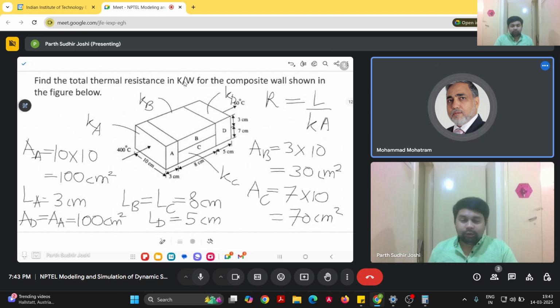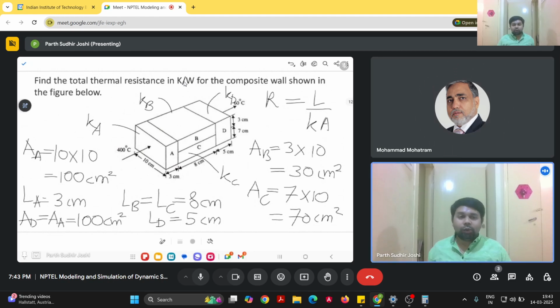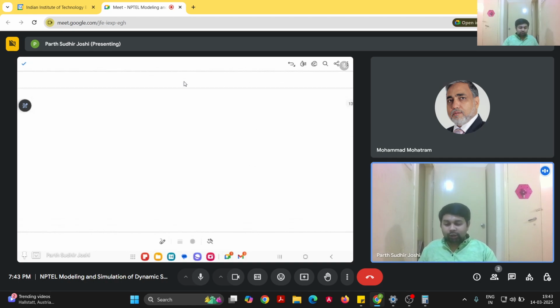Exactly. So basically we need to construct an electrical equivalent circuit. Here the temperature at each of the ends is analogous to voltage, and the heat that is flowing is analogous to current.